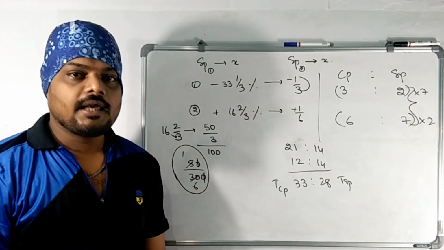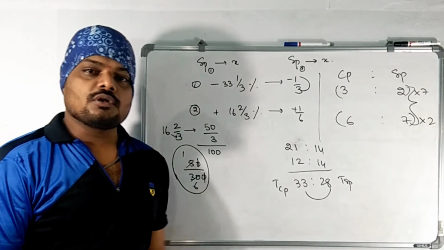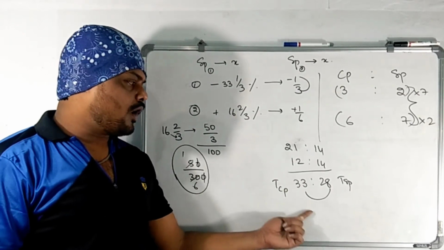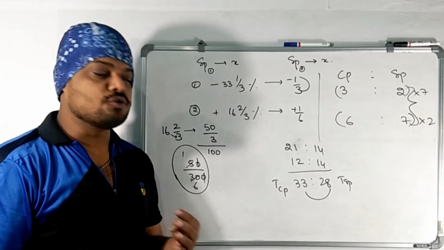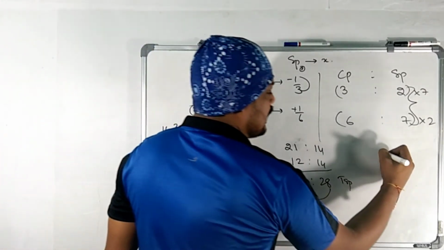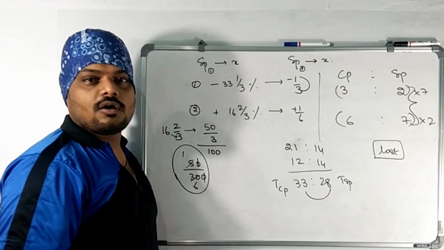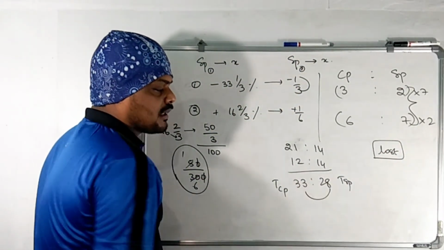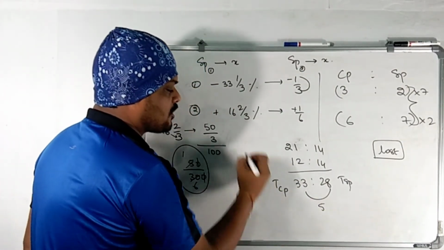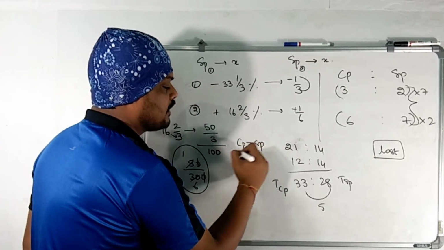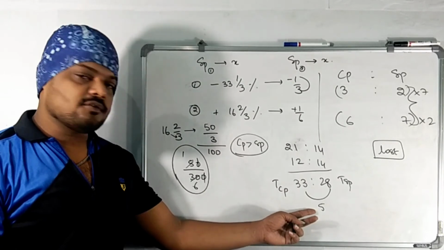Comparing cost price and total selling price, did the shopkeeper gain or lose? Here he lost, by 5 units. Cost price is greater than selling price, therefore it is a loss.